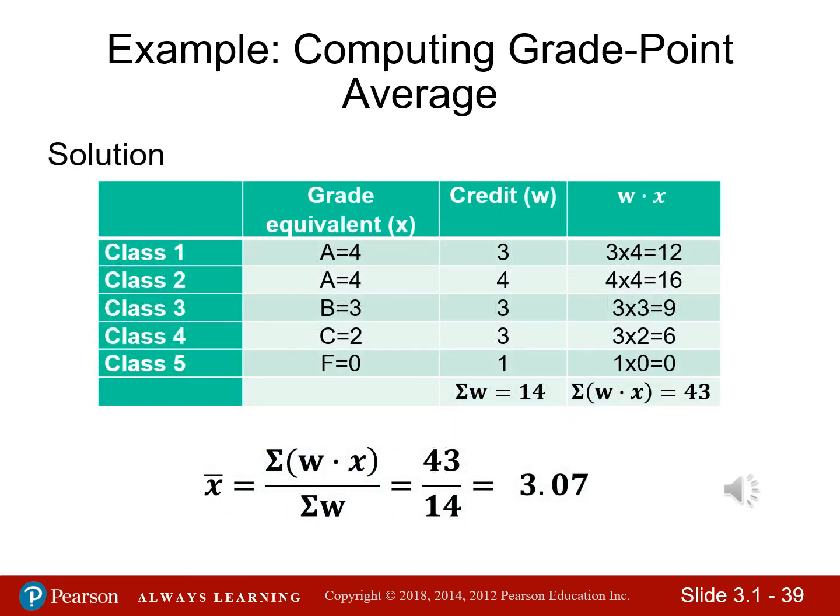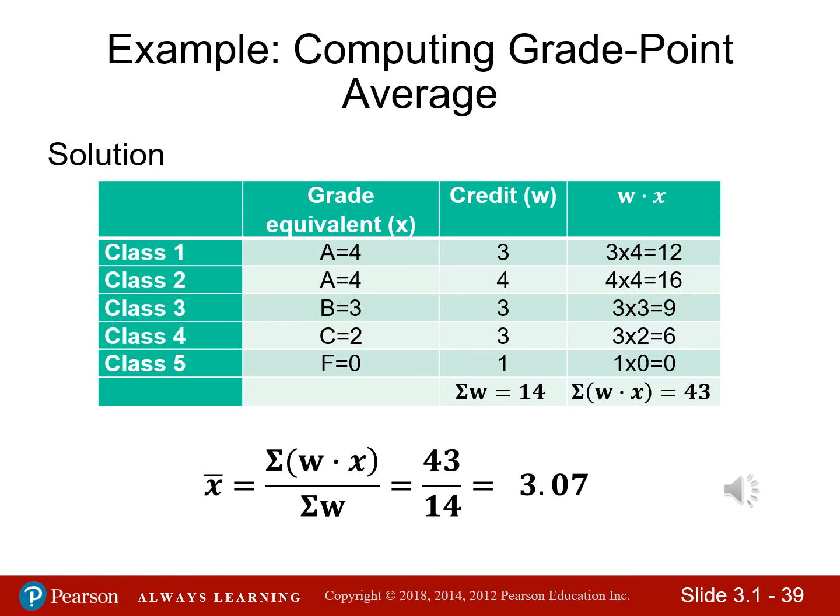To calculate the weighted mean, we will take each grade equivalent and multiply it by the credit. So in the column all the way to the right, we have the product of the weight times the observation. For class 1, she had 3 credits and her grade was an A, so it's 3 times 4. For class 2, it was a 4-credit class and she got an A, so it's 4 times 4.